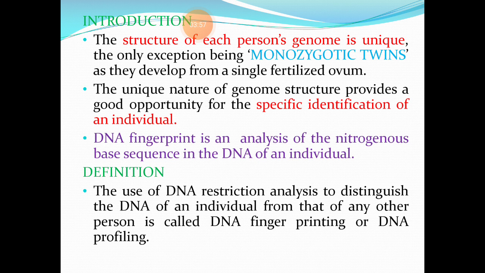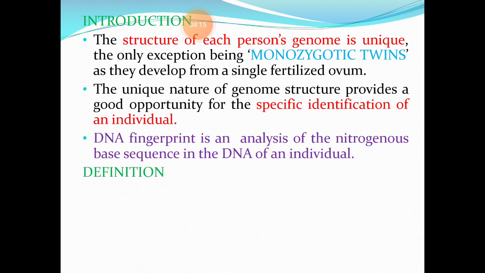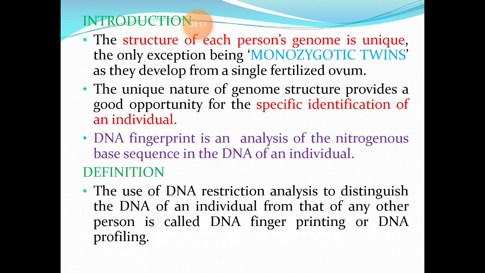So the definition goes like this: the use of DNA restriction analysis to distinguish the DNA of an individual from that of any other person is called DNA fingerprinting or DNA profiling. To highlight, I have used this option.